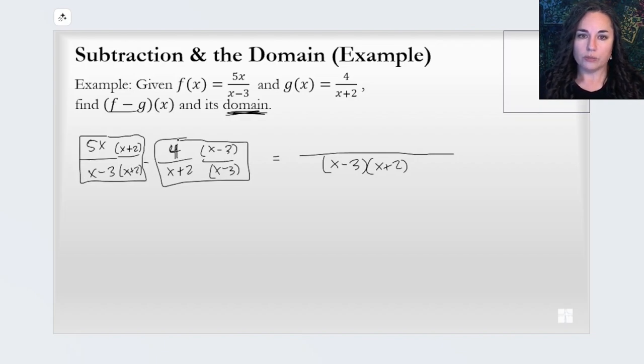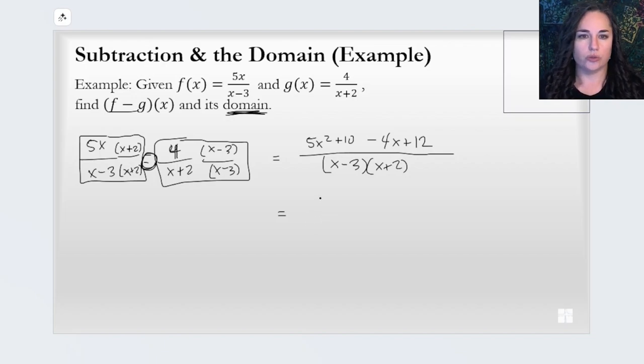So I'm going to have to multiply here. I get a 5x squared plus 10x over this stuff minus 4 times x minus 3, so that's minus 4x plus 12. Hopefully you followed that distribution of that negative sign in there. Don't forget that negative sign. That's what I'm talking about as you're going through and polishing your algebra, is making sure you're multiplying and foiling and everything and keeping track of your signs.